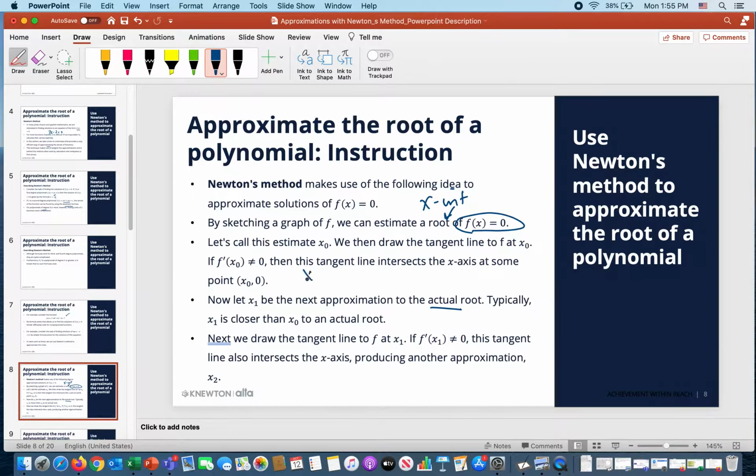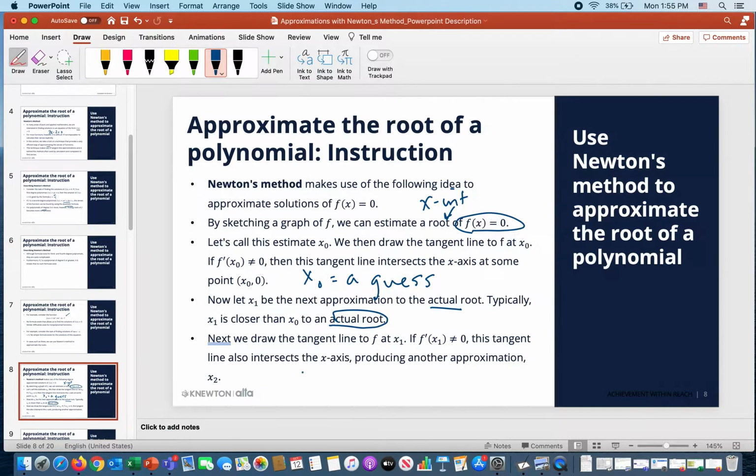So basically, we start out with a guess. x0 is a guess, and we're going to use that guess to work our way towards the actual root. Typically x1 is closer than x0. So x1 is going to be a number that's closer to our actual root. Then we draw the tangent line.